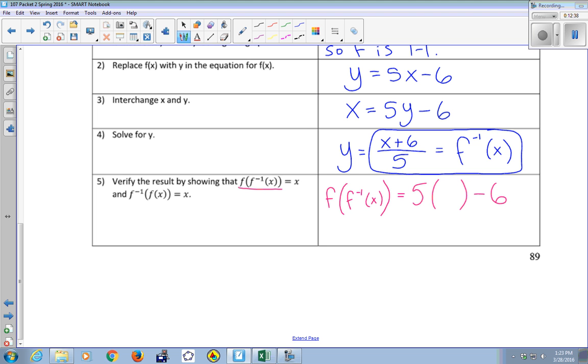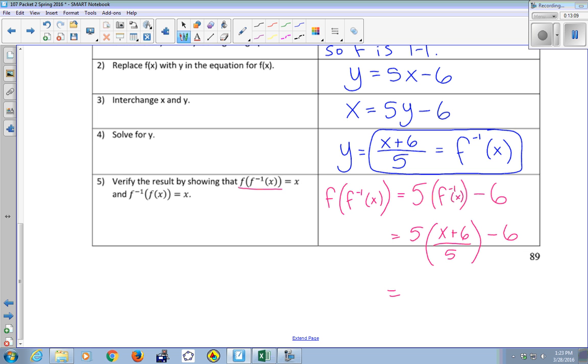So when I do f of some stuff in parentheses, that means to replace all the x's in my formula, 5x minus 6, with the stuff in the parentheses. So I'm actually going to put in an f inverse here. But what is the formula for f inverse? (x plus 6) over 5. So this is going to be 5 times (x plus 6) over 5, minus 6.